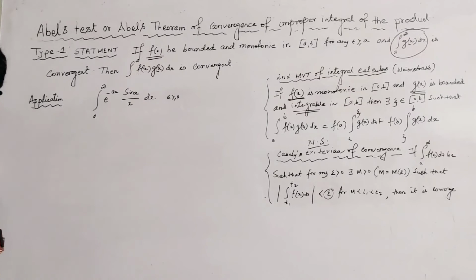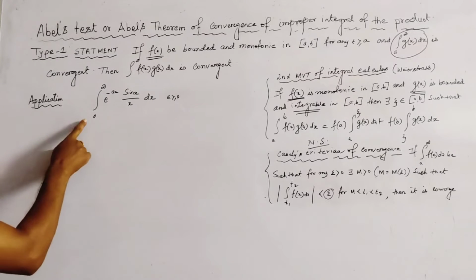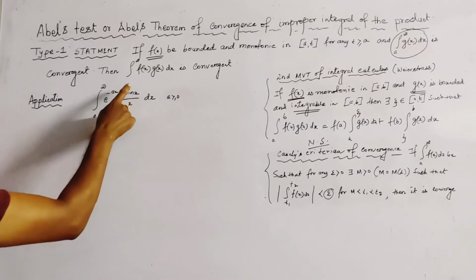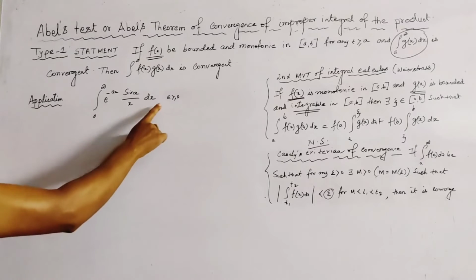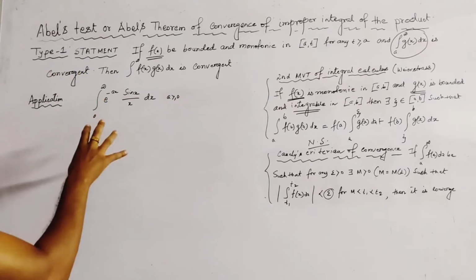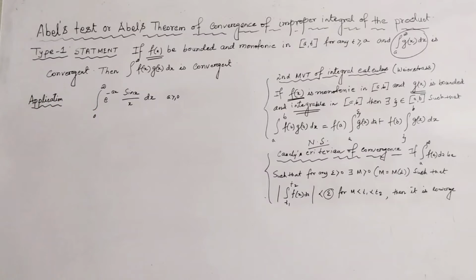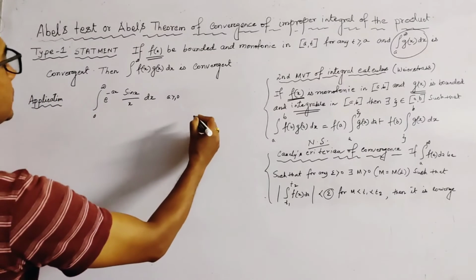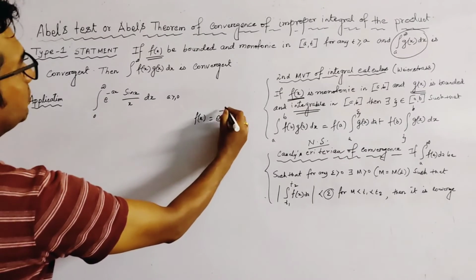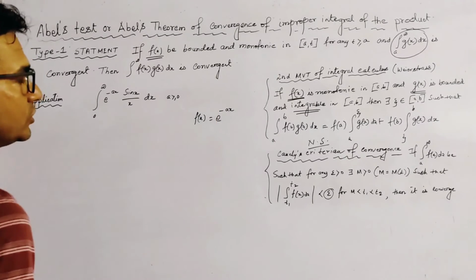An important application of Abel's theorem is integration 0 to infinity e to the power minus ax into sin x by x dx, where a is greater than or equal to 0. We use Abel's theorem in this problem. Here we let f(x) equal to e to the power minus ax.